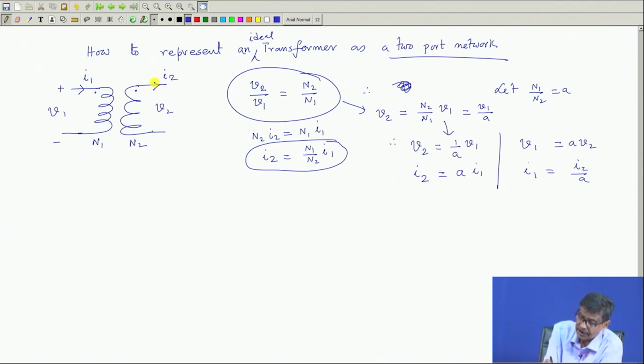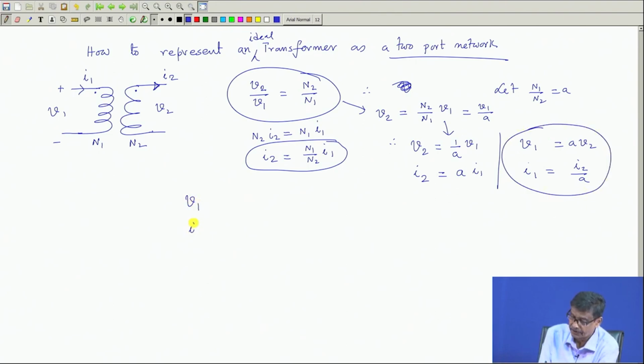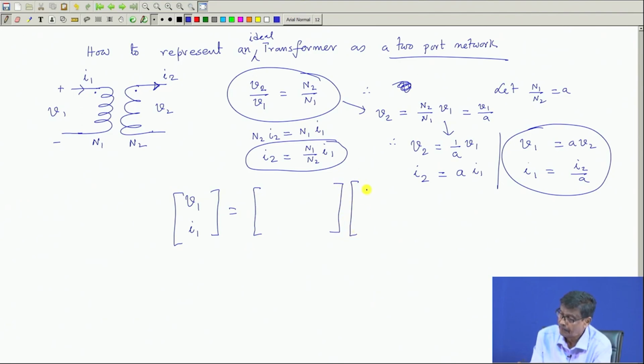Now, the way I have assumed the direction of the current I1 and I2, I am writing this equation in matrix form: V1 and I1, that is input voltage and current, in terms of the output voltage and current, and the direction of I2 I have assumed like this.